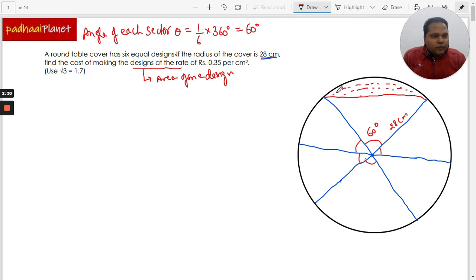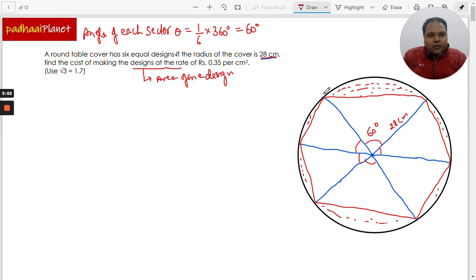This is one design area, and when we connect this with this is the second, then we have third, then fourth. This one is fourth, this one is third, and this is second and fifth, and finally we have this one as sixth. So we need to find out these areas. So let's find out for one, and then we can simply multiply it by 6.